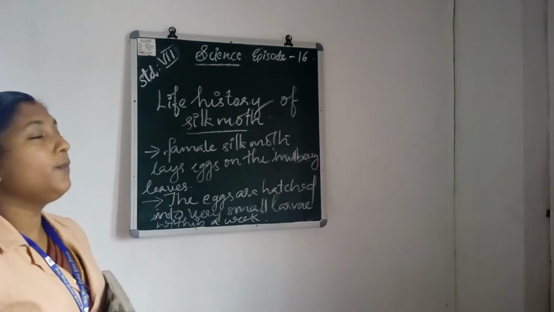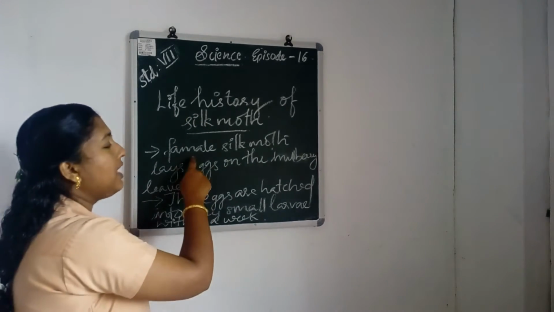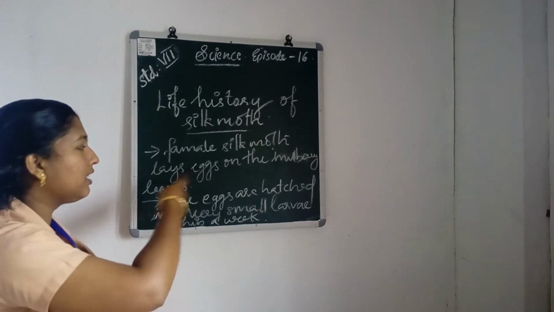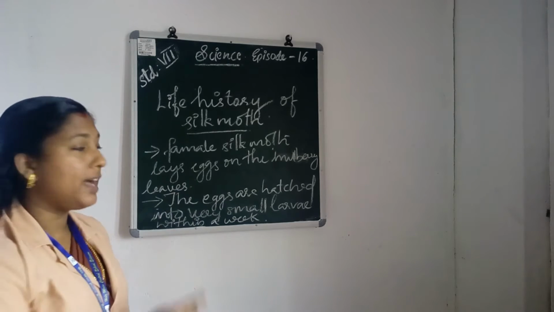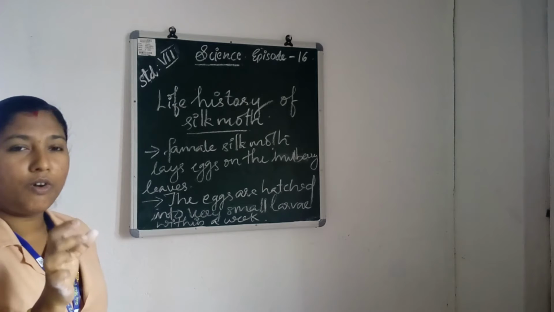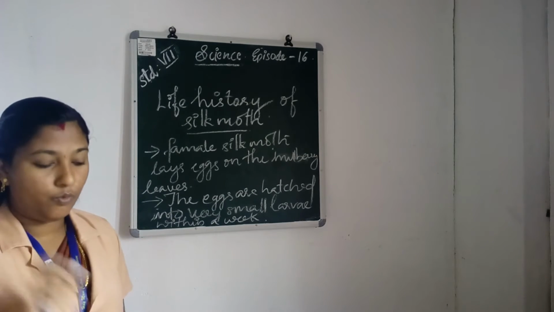About the life history of silk moth. The female silk moth lays eggs on the mulberry leaves. Then the eggs are hatched into very small larvae within a week.